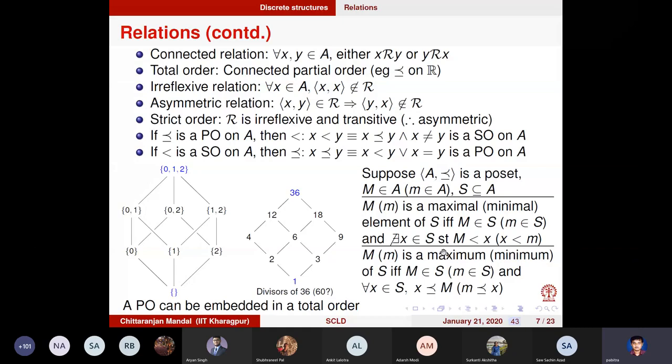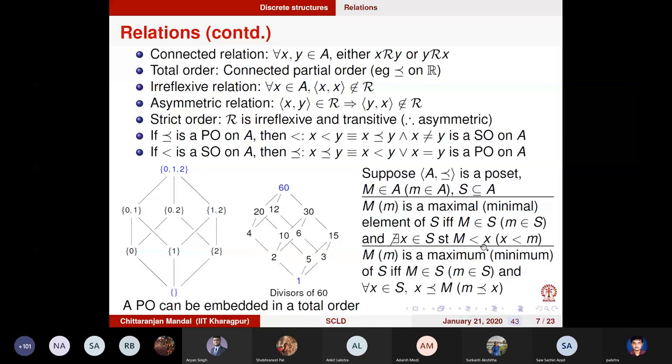When these definitions are well defined, you can easily check them. Okay, so these are other examples. These are divisors of 60.